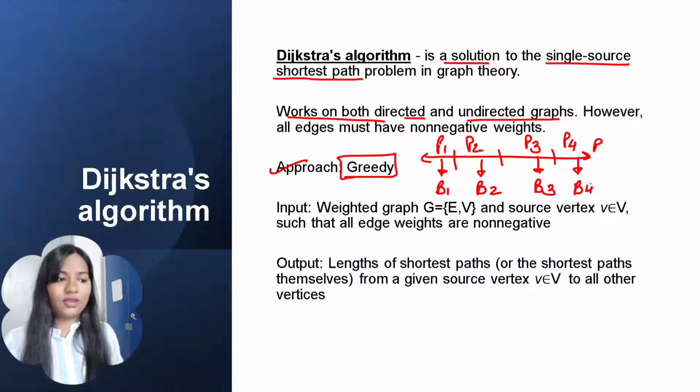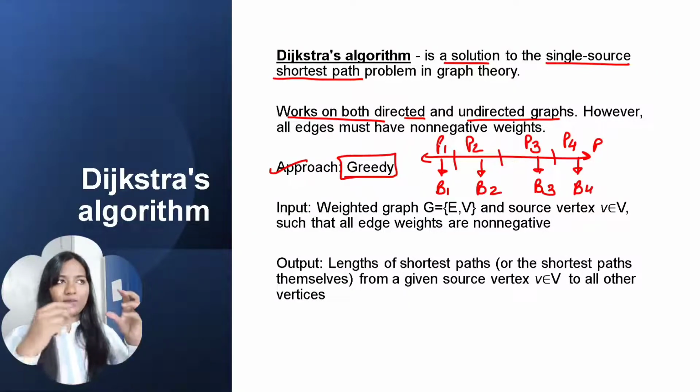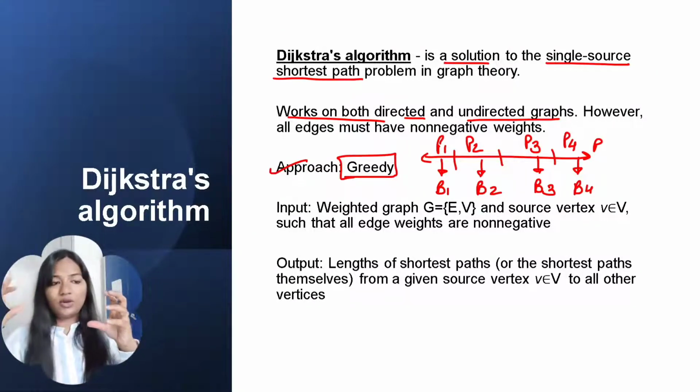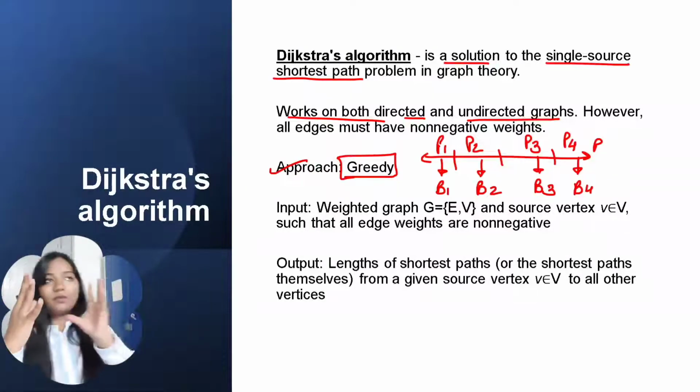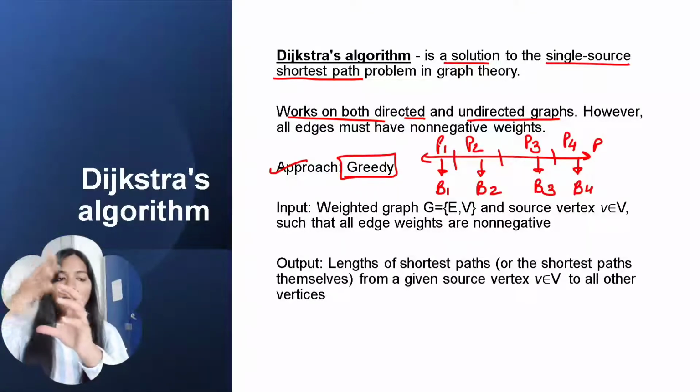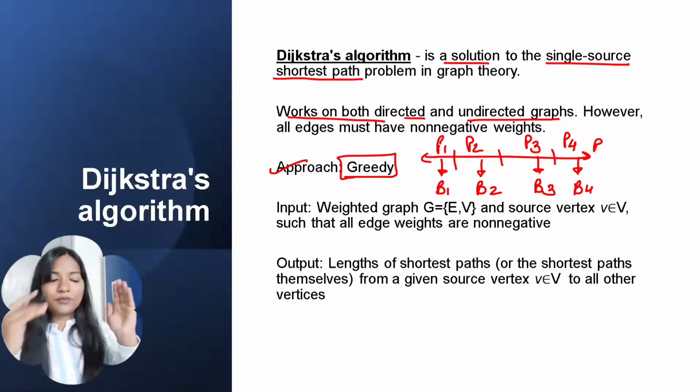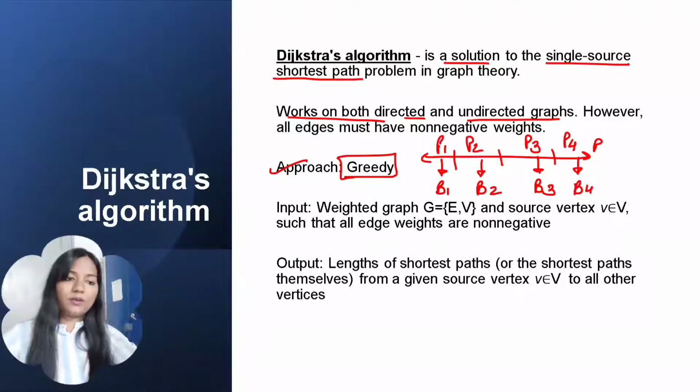I hope you got the point. So this is a greedy approach. So basically I'm selecting the vertex that has the minimum distance, and through that vertex I'm traveling to the other vertices. So I'm dividing my total problem into subproblems and finding the best solution for each subproblem.